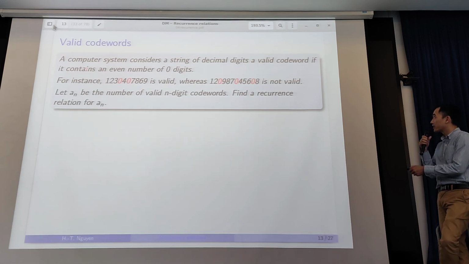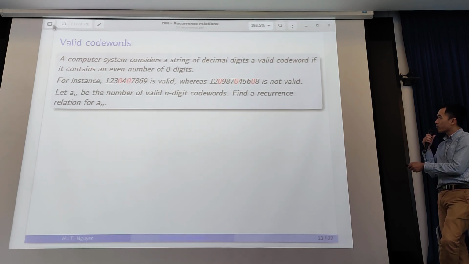Let's say that here the checksum function is simply the number of zeros in your code word modulo 2. So if you have an even number of zeros, then the code word is valid, and if you have an odd number of zeros, then the code word is not valid.